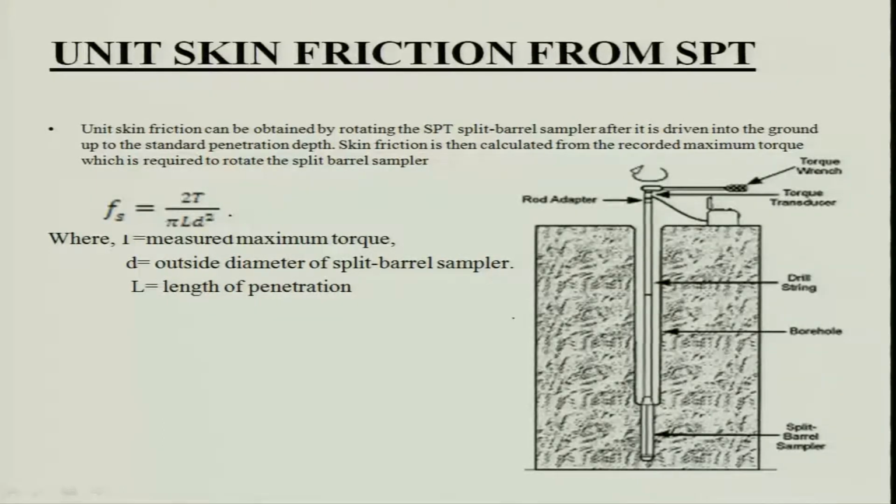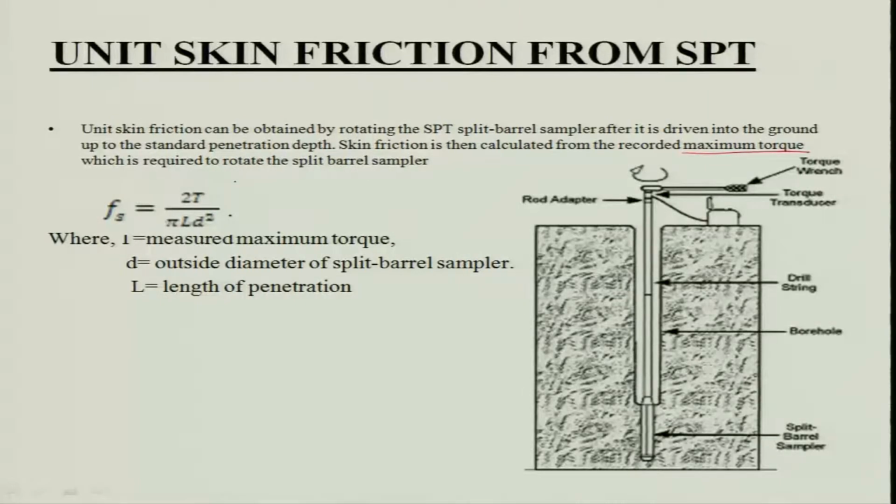Once you have done the standard penetration test, then it can be rotated. You see here, you rotate by applying torque, then record the maximum torque, and from the torque you can find out your frictional resistance or unit skin friction.